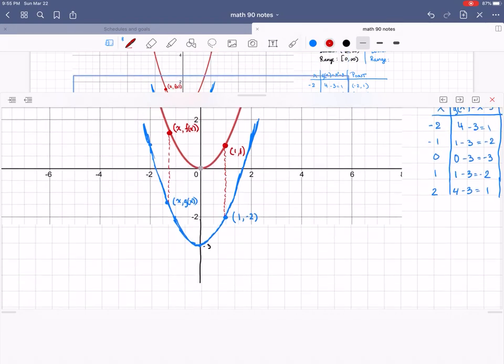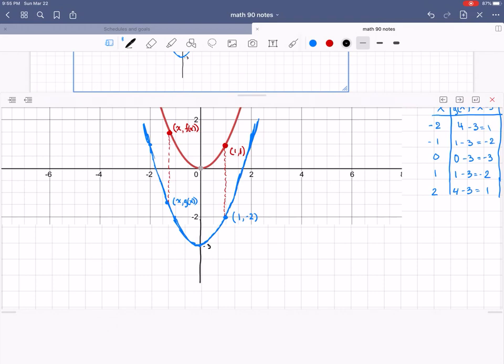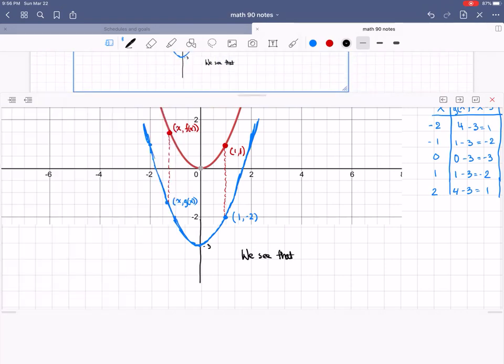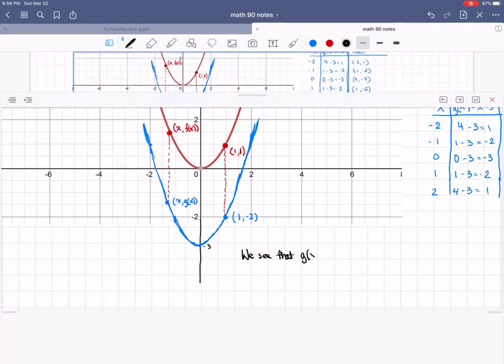But on the other hand, what we're seeing is that g of x is equal to f of x minus 3. So if we just subtract 3 from the output that f produces for the input x, we get the output that g produces for the input x.